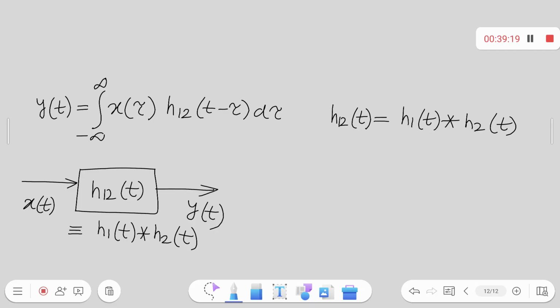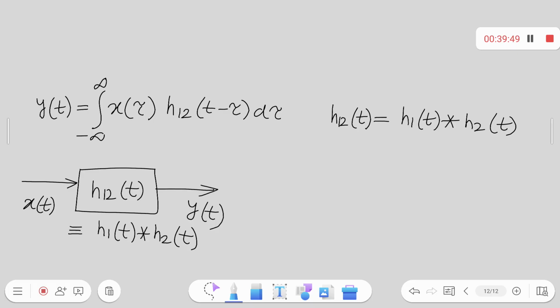Or you can also change the order of this. You can also place h2 first, followed by h1, or h1 first, followed by h2, because as you know, this operation is commutative in nature. h1 convolved with h2 and h2 convolved with h1 will give you the same result. So these are some of the properties of the convolution. Just like addition is a commutative operation, multiplication is a commutative operation, but not the division, not the subtraction.